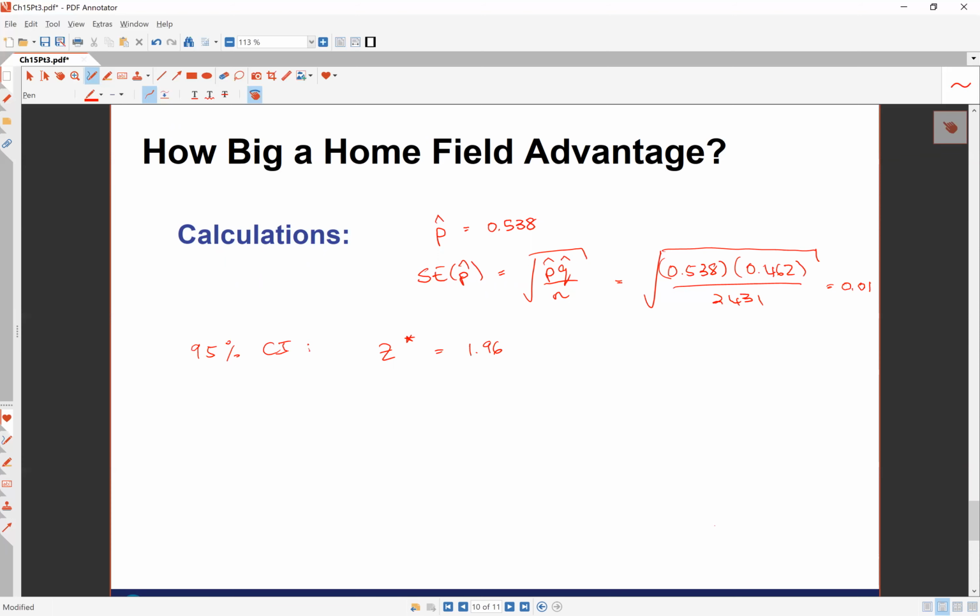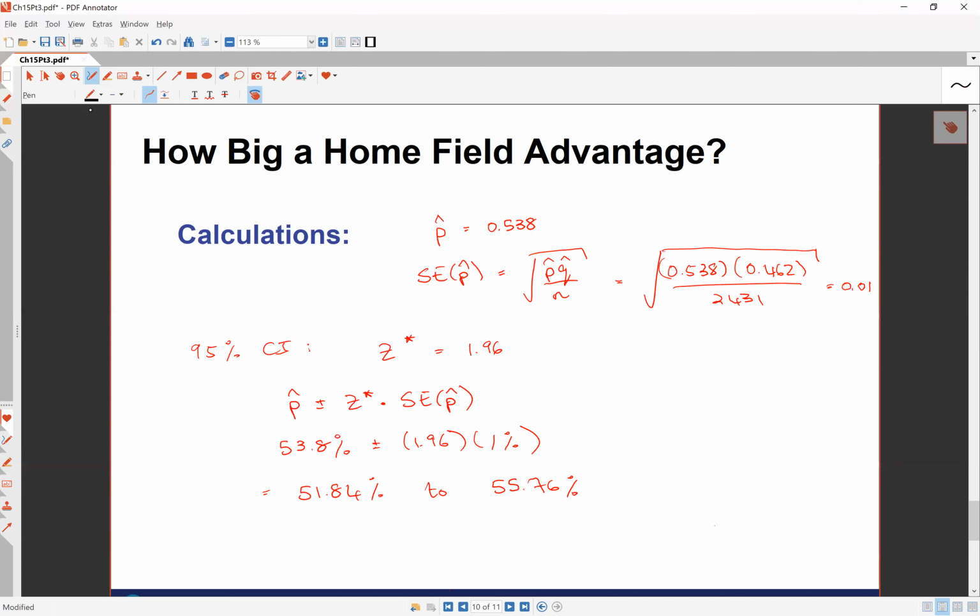And the confidence interval is then given by p-hat plus or minus Z star times the standard error, which in this case means 53.8% plus or minus 1.96 times a 1% standard error, which gives us a confidence interval ranging from 51.84% to 55.76%.